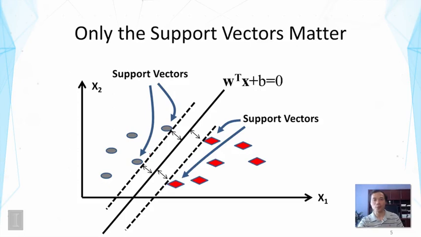Okay, so now the next question is, of course, how can we set it up to optimize the line? How can we actually find the separator? This is equivalent to finding values for W and b, because they would determine where exactly this separator is.